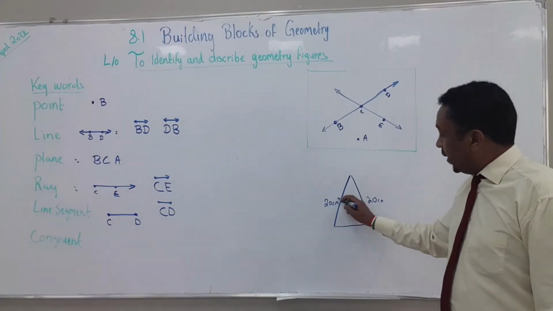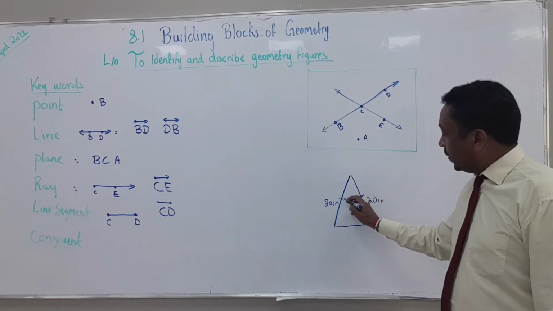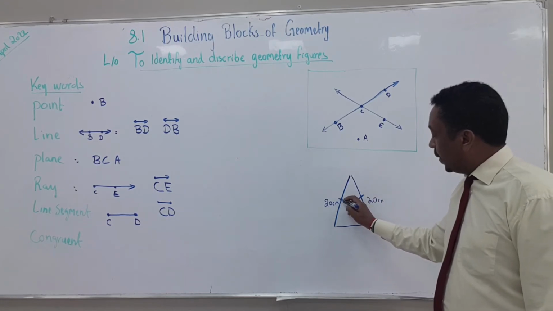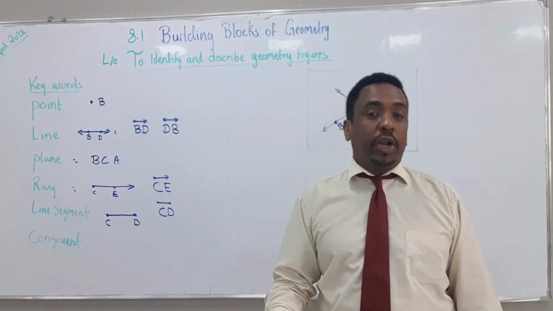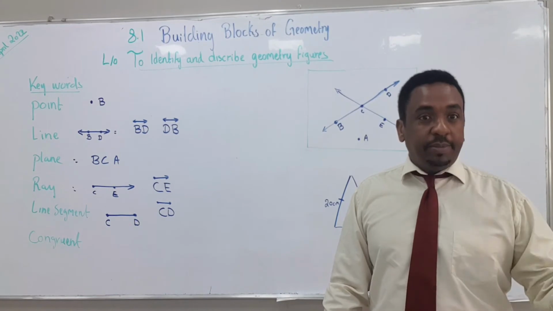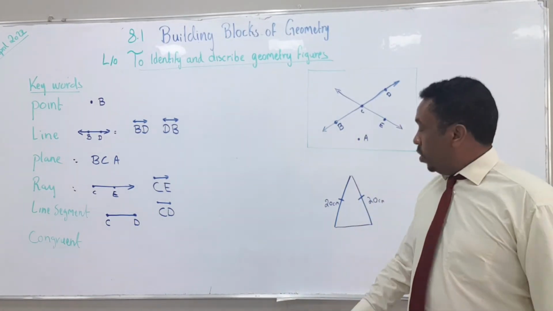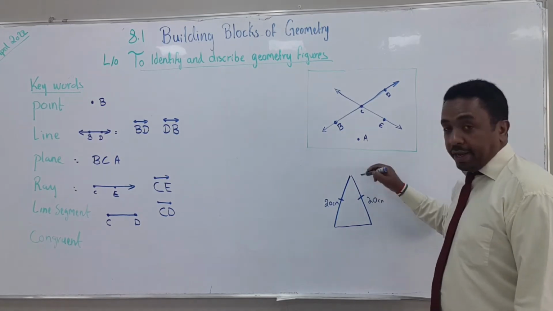So we draw a line here, and a line here. This represents that they are congruent. Congruent basically means they are the same size and the same shape. So this line is congruent to this line.